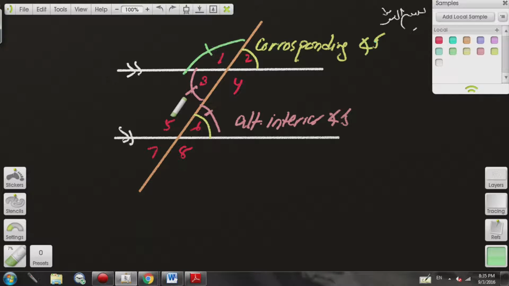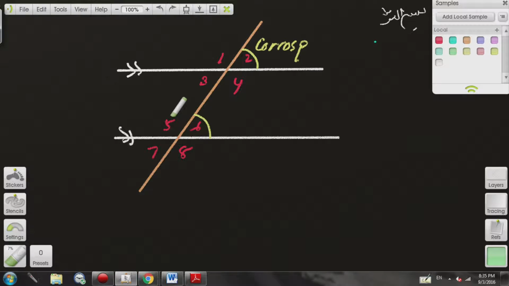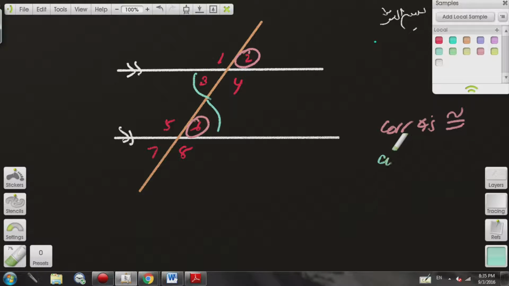Once you know what they're called, then you gotta know a few things about them. And what you gotta know about them is the following. Corresponding angles are congruent. Alternate interior angles are congruent if the lines are parallel.